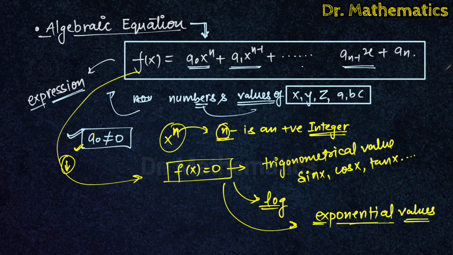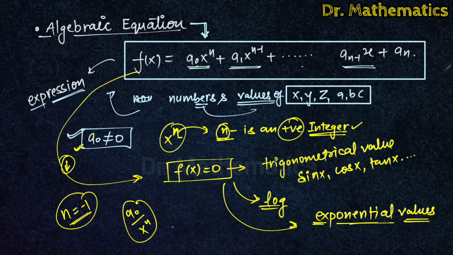Now see, I have told you x to the power n, where n is a positive integer. If I had not written this, then n could be a negative integer, n equal to minus 1 also, and then the expression becomes a naught x to the power minus n, like this, and this is what we call exponential values. So to avoid this, we have written that n is a positive integer.